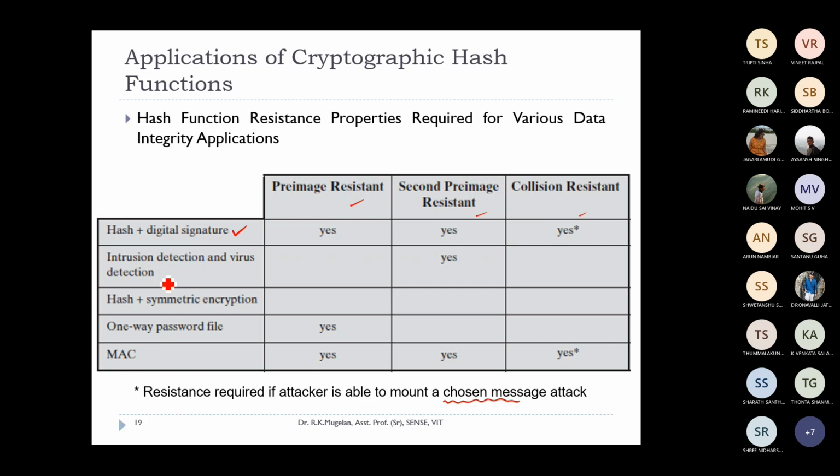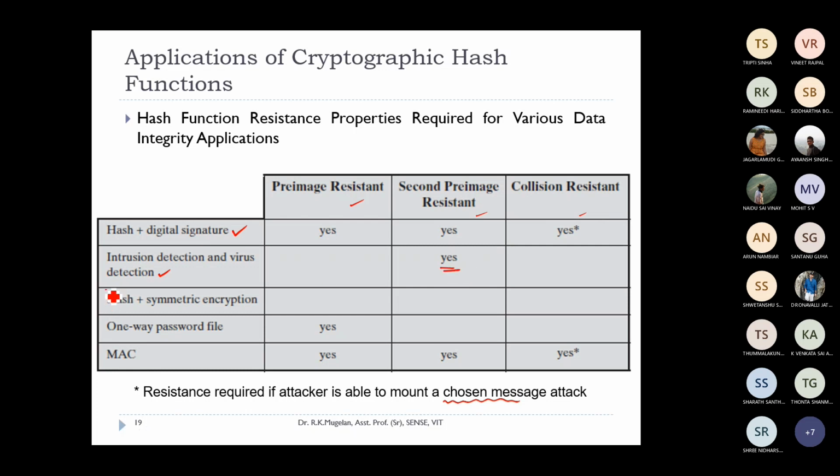Then we have another application called intrusion detection, virus detection. The best example is your firewall. I'm not speaking about anything like antivirus. It's like a firewall, like how we have Windows Defender kind of thing. It's like one step below modern firewalls. So here also cryptographic hash functions play a major role, especially satisfying second pre-image resistance.